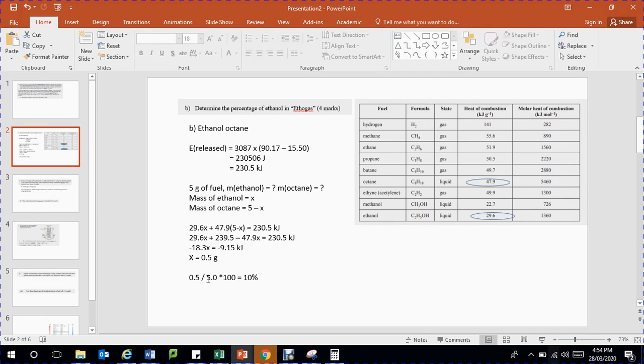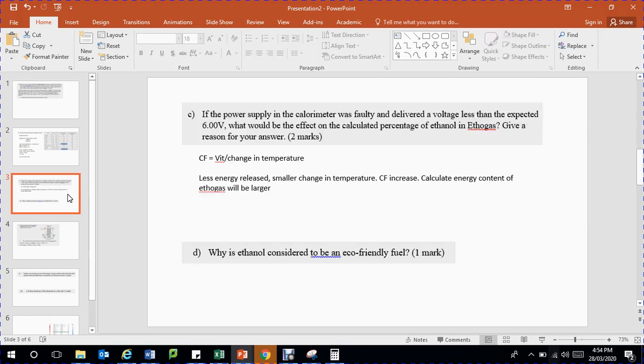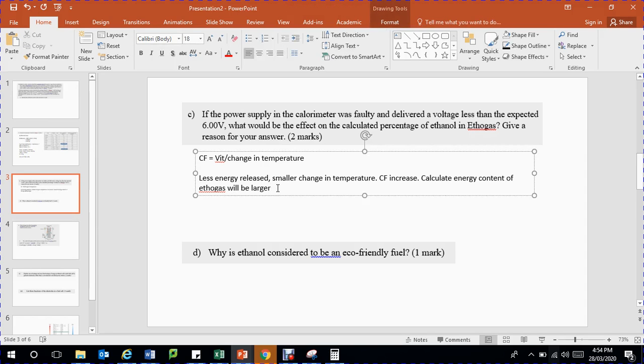So that meant I had 4.5 grams of octane. So that tells me that ethanol had a lower energy content than the octane. So if I'm getting a larger energy content for the ether gas, that would tell me that the percentage of ethanol is going to be lower, just because it is that lower energy content fuel.